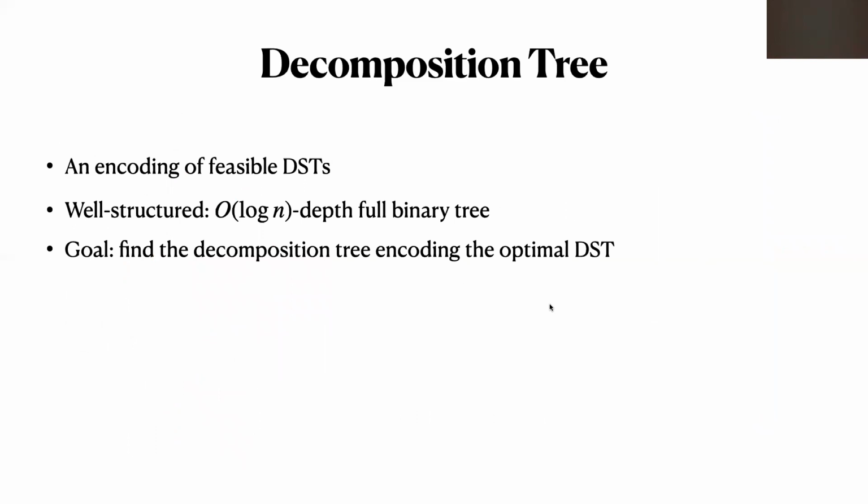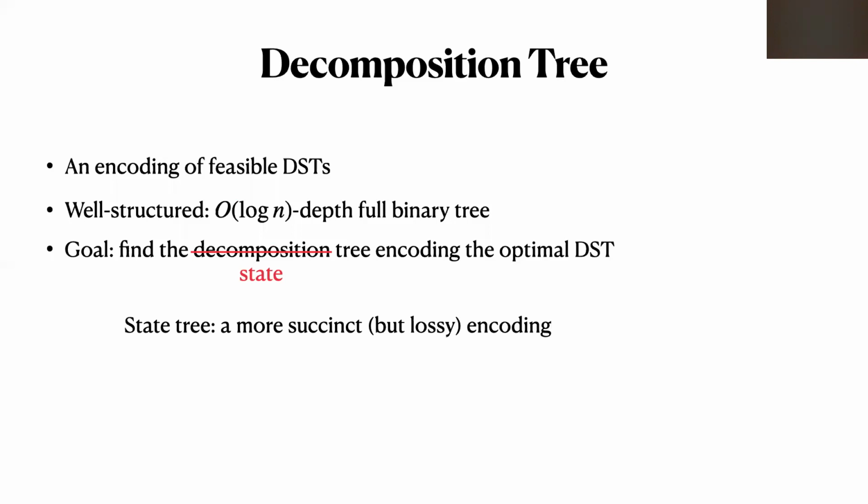This decomposition tree is a simple way of encoding a tree in the original graph. It has some nice properties. Specifically, it's a full binary tree of order log n depth. So it's well structured, and our goal now is to find the decomposition tree corresponding to the optimal DST.